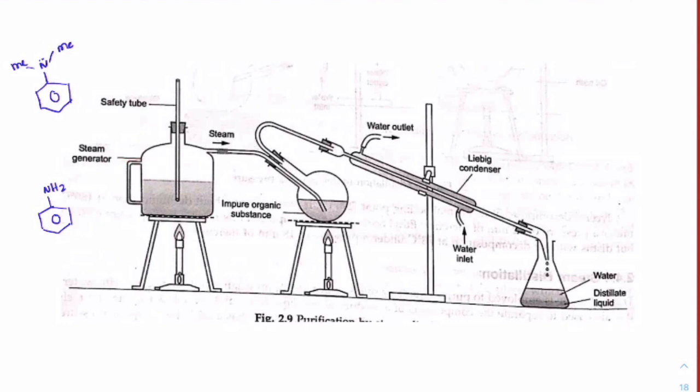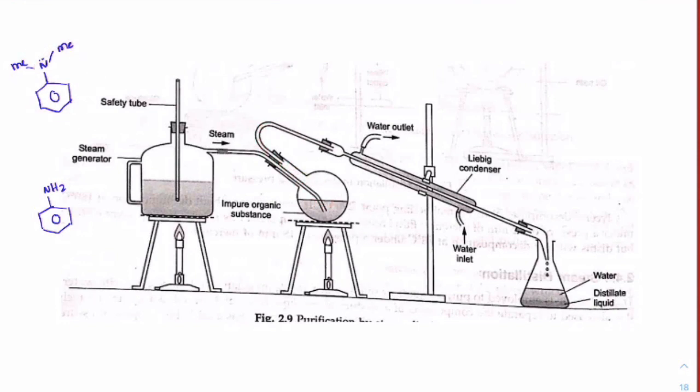So steam is going into that, got it? And as steam enters this impure organic substance, the steam will help it to boil at a high temperature. And along with the steam, these vapors are also coming out. So along with some water vapor, this is also coming out.